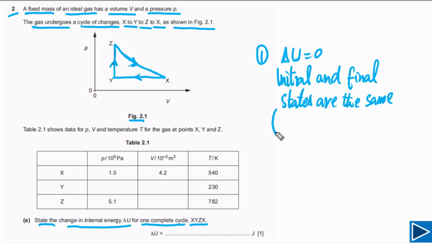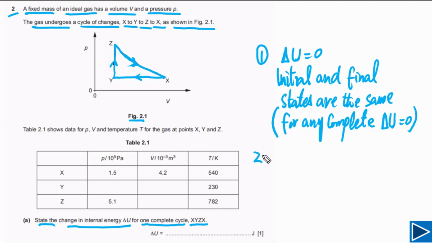Or simply we can say for any complete cycle, means if gas undergoes a cycle of changes, delta U is equal to 0. So very important point. Actually, this point you need to answer this question.